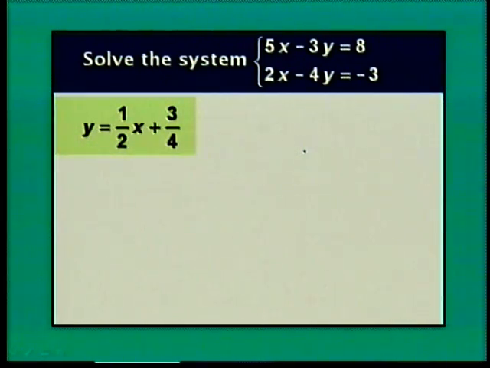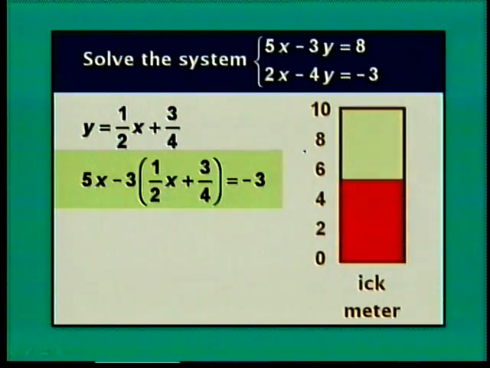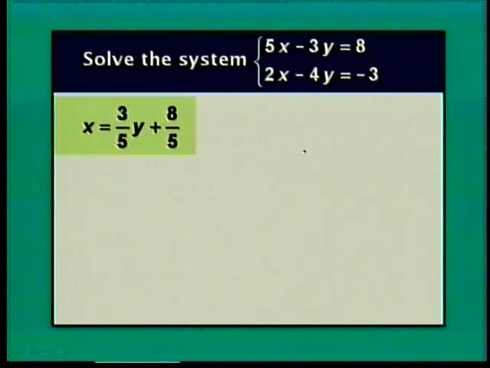How about if we solve the second equation for y? We get y equals 1/2 x plus 3/4. Substituting 1/2 x plus 3/4 for y in this first equation, we'd have to solve this equation for x. This is even ickier. Why is this one even ickier? Now we don't even have common denominators in our two fractions. What if we solve the first equation for x?